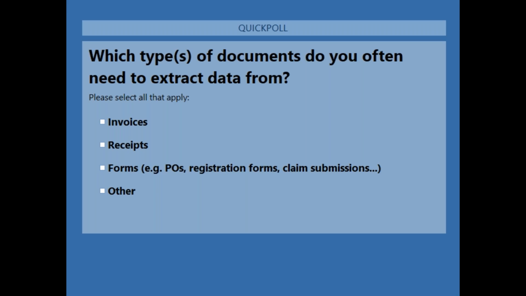We have a few examples here: invoices, receipts, forms, which can be purchase order forms, registration forms, claim submissions, or anything else. So what kind of documents do you often need to extract data from? Give it a few more seconds. I see that GoToWebinar is already collecting responses.